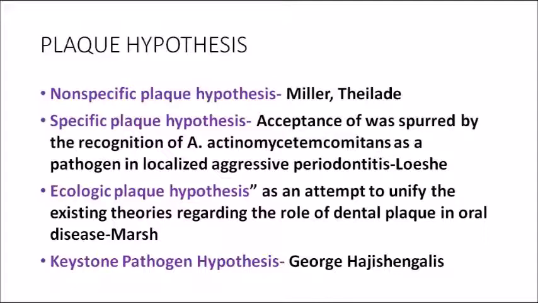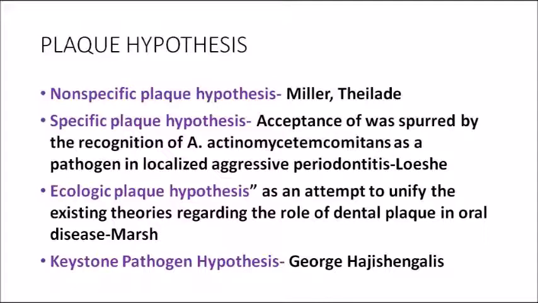Then in an updated non-specific plaque hypothesis, Thilo proposed that when plaque is present, it causes disease definitely. But one thing is that severity varies. That means some plaque causes gingivitis and some plaque can cause periodontitis. So this is the non-specific plaque hypothesis. Any plaque is pathogenic. That is the essence.